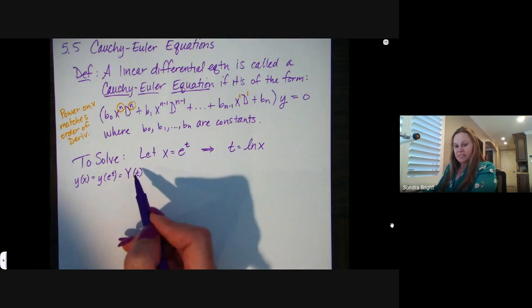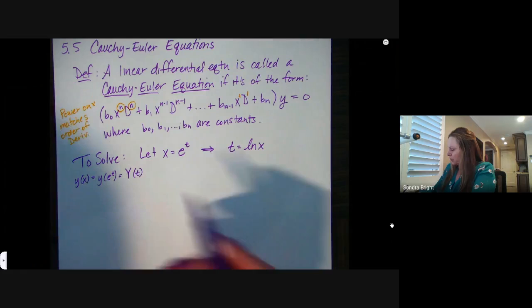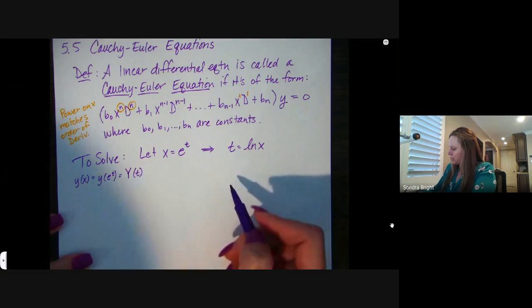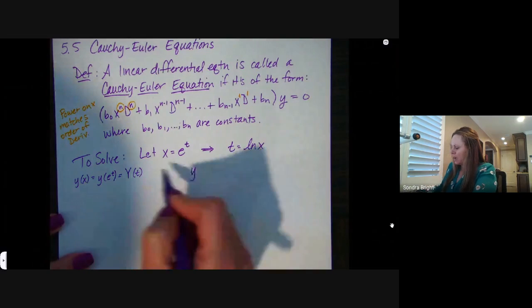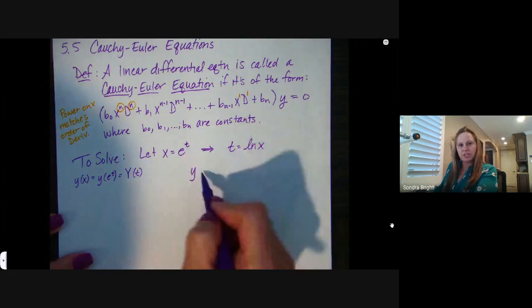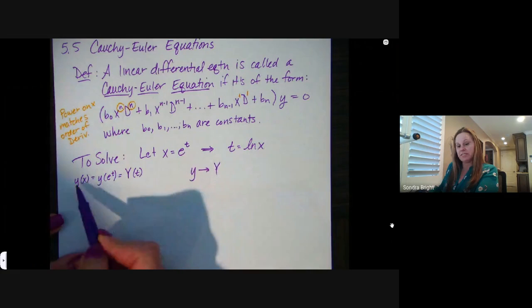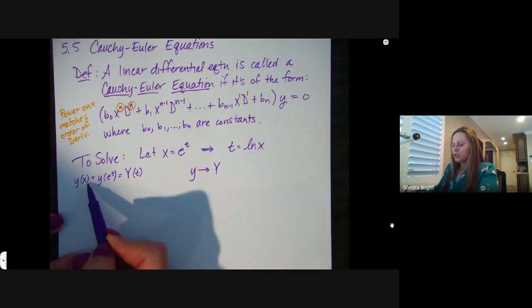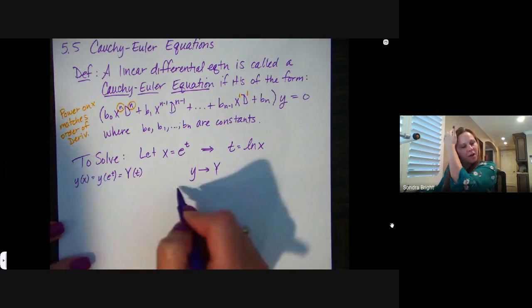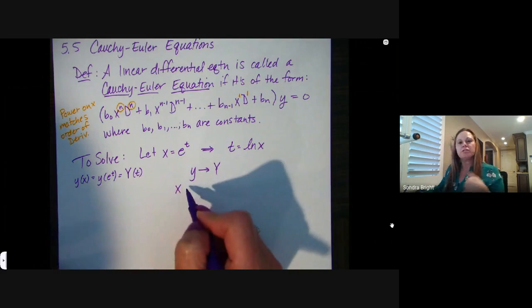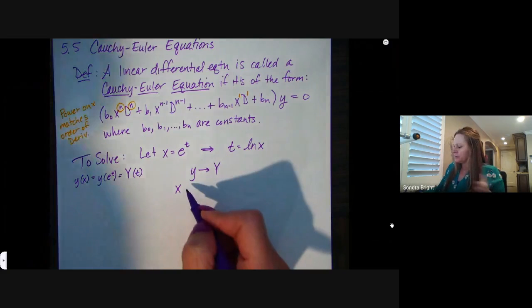All right, so what are the substitutions you're going to make? You're going to replace any lowercase y in your problem with a capital Y. I'm changing lowercase y as a function of x to capital Y being a function of t. And then your book shows a proof of all of these. I'm not going to include it in this video, but if you're interested, by all means, go look.